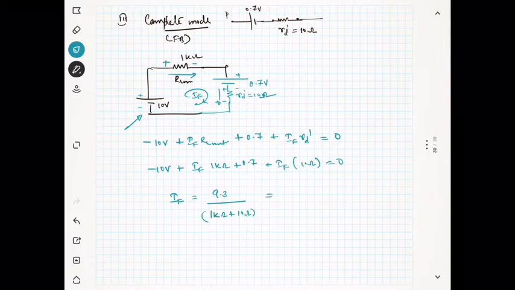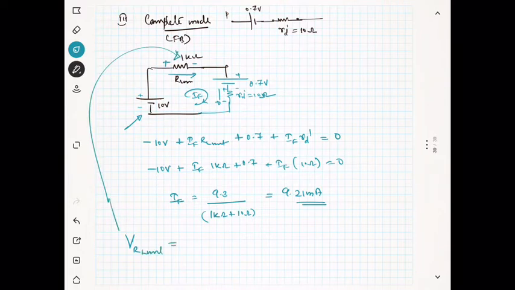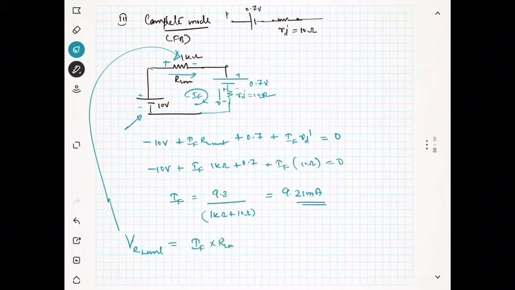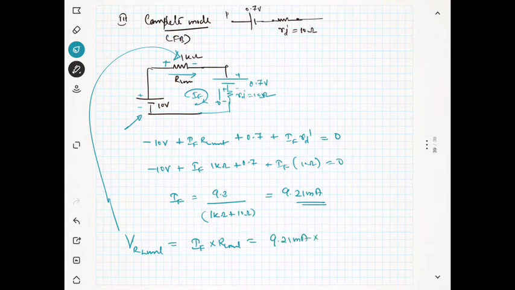So you will get the current as 9.21 milliampere. Now you can calculate the voltage across the R limit as IF into R limit. This is nothing but 9.21 milliampere into 1 kilo. That means it's nothing but 9.21 volt.